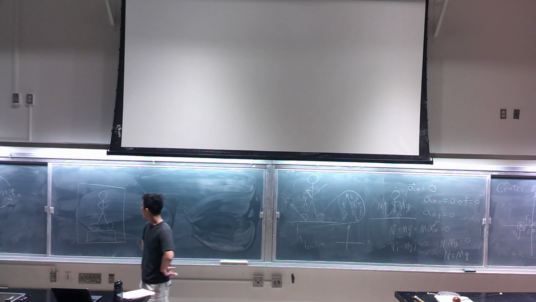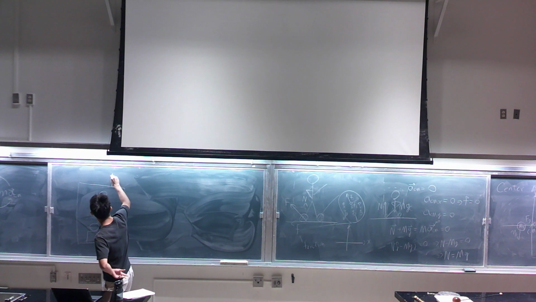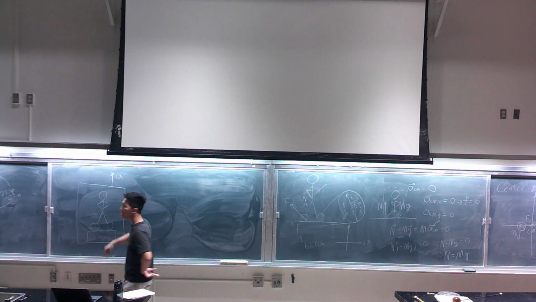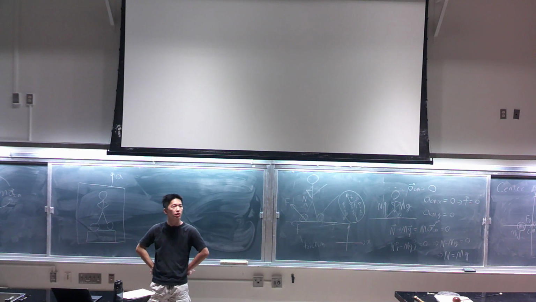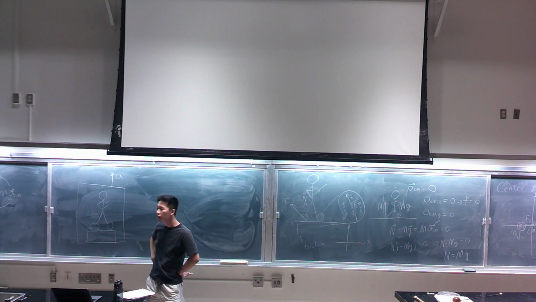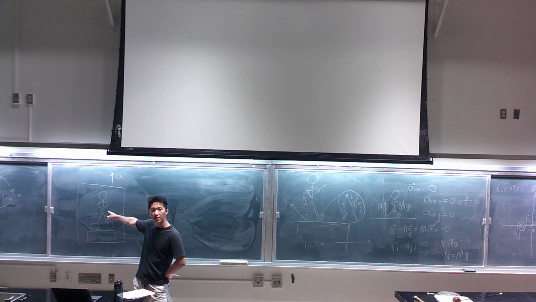But if this elevator is accelerating upward and I am standing still in the elevator, what is the acceleration of my center of mass? I'm standing in the elevator, going up with the elevator. So if the elevator has acceleration A going up, will my center of mass acceleration be 0?